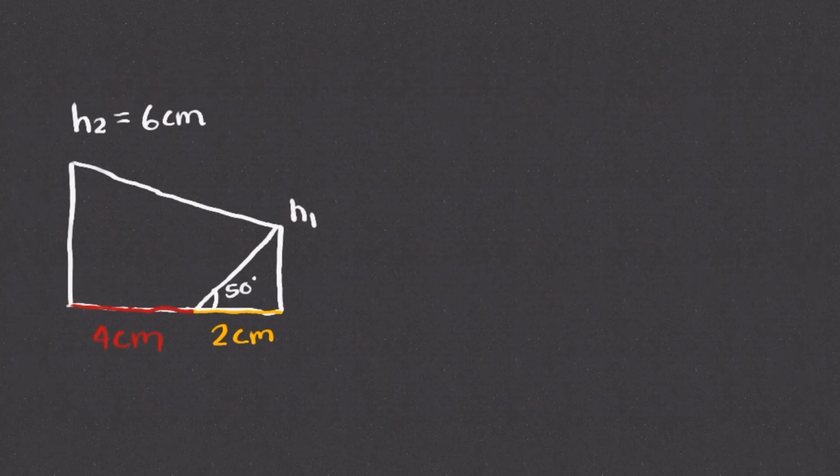Let's say we have a trapezoid, and inside of it, a right triangle in which one of its angles measures 50 degrees and has an adjacent of 2 centimeters. The length of its base is 6 centimeters and the height 2 is equal to 6 centimeters. To solve for the area, we need to first find the height 1.